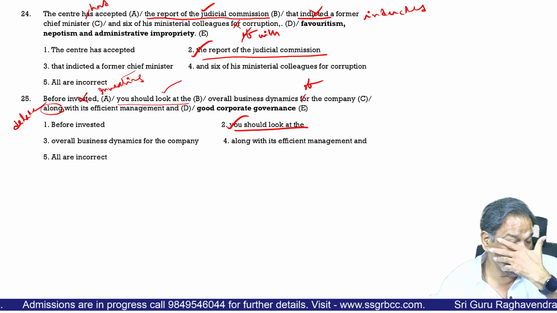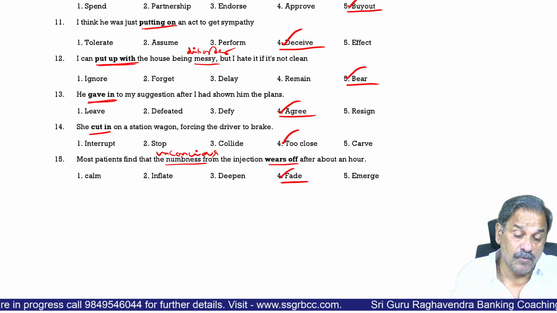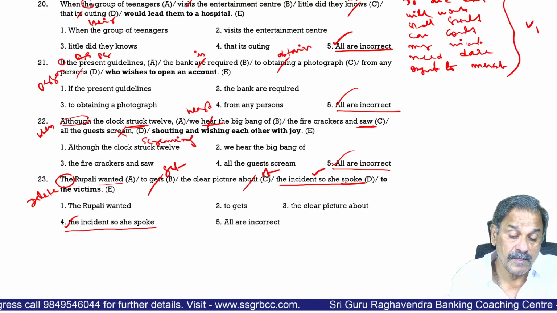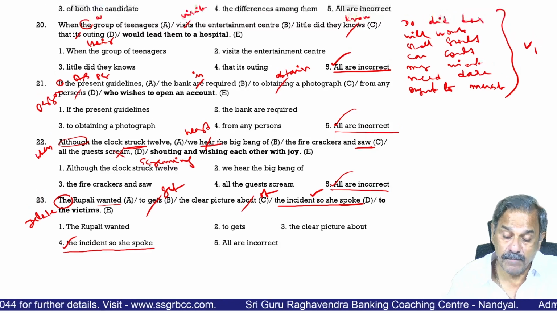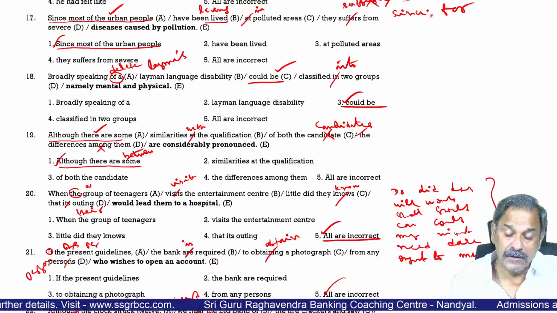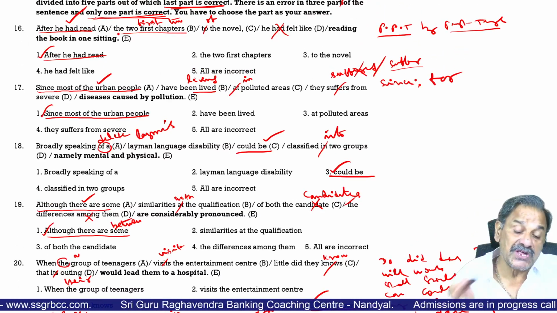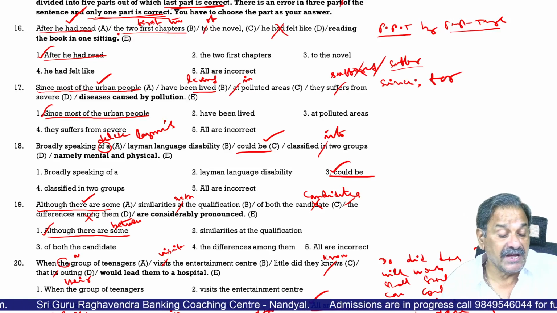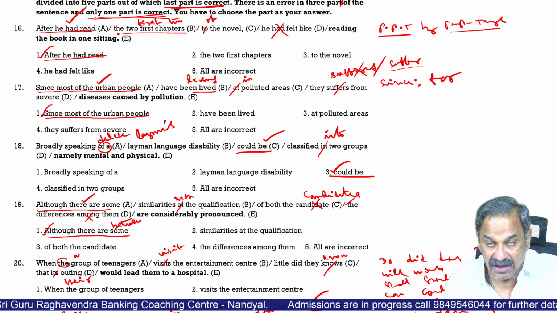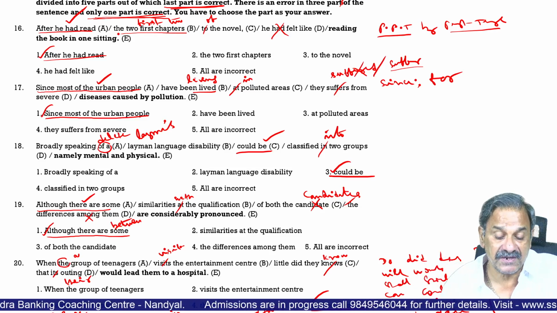See, this is related to the correction of sentences. Once again, I am going to review. See, after he had read the first two chapters of the novel, he felt like reading the book at once, in one sitting. The error is related to the past perfect, which is followed by the past.